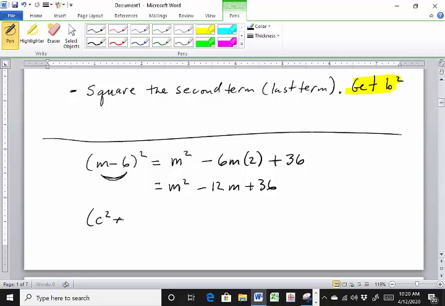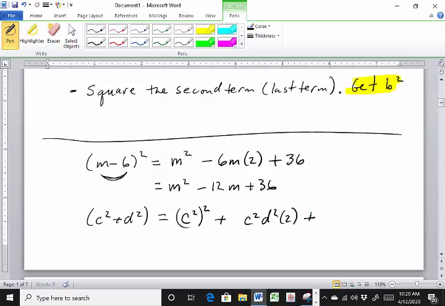c squared plus d squared, squared. Okay? So I'm going to square the first, so I'll actually write this out. So c squared, then I'm going to square it. Right? Then I'm going to multiply the c squared times the d squared, right? Okay? And then I multiply that by 2, so I'm doubling it.